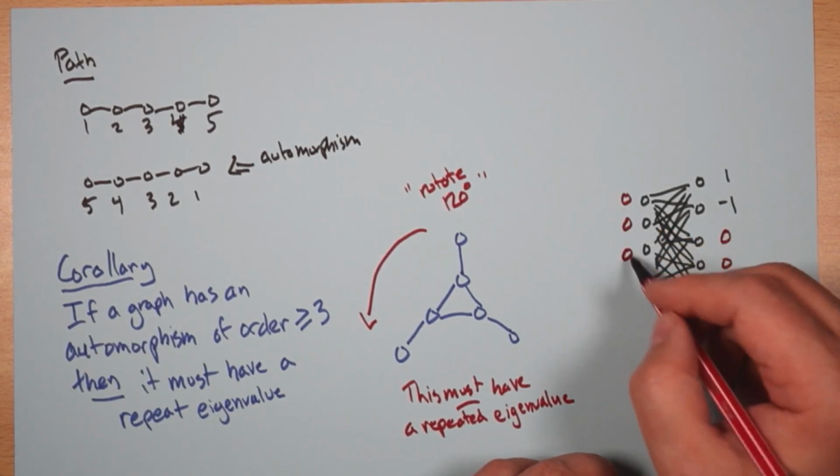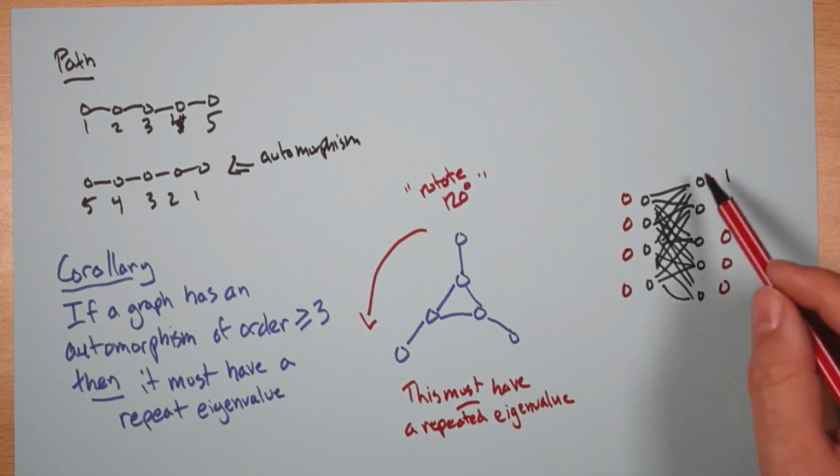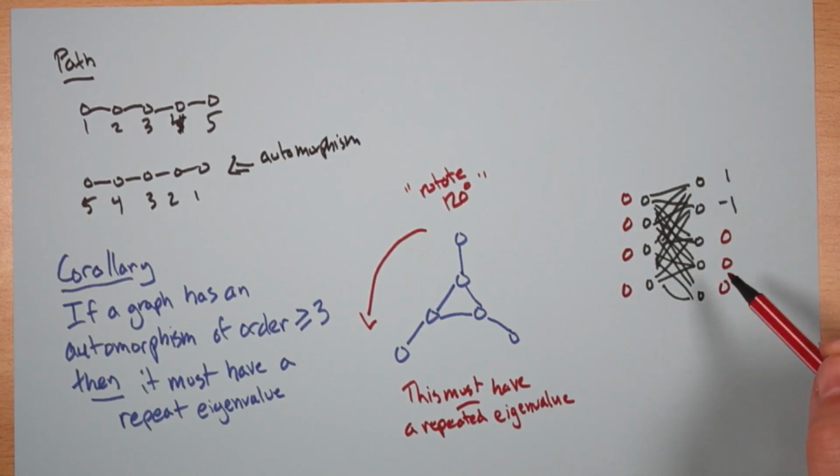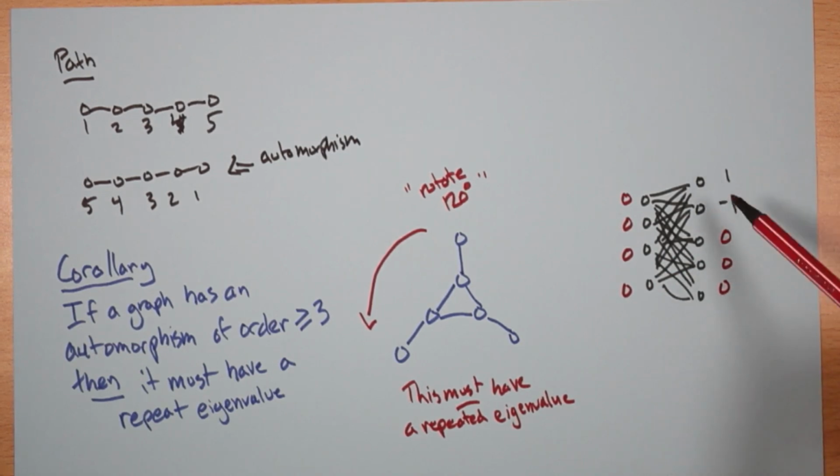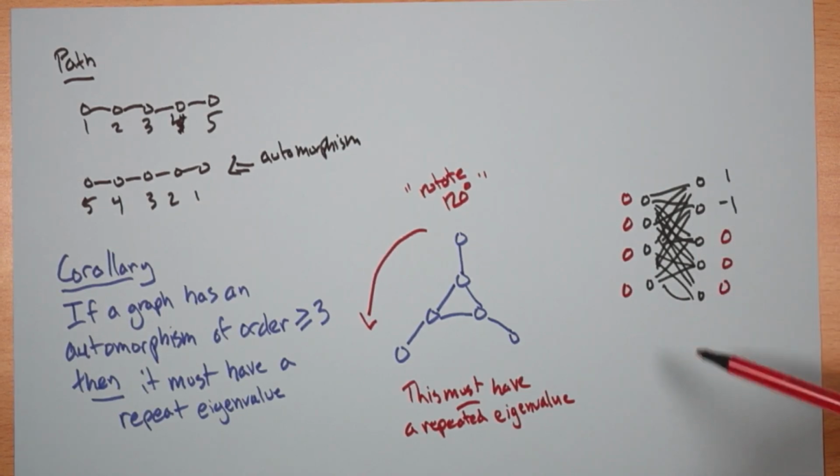So these are our eigenvectors, or an eigenvector. Now here's my claim: I can apply automorphisms and get more eigenvectors. How? Come to this side and say, I can relabel these vertices arbitrarily because they're indistinguishable. That's in some sense what an automorphism is. It's saying, hey, these vertices are essentially the same.